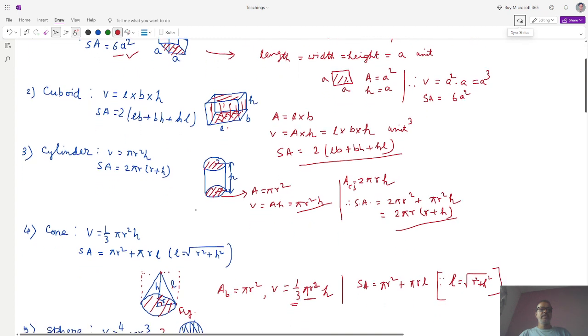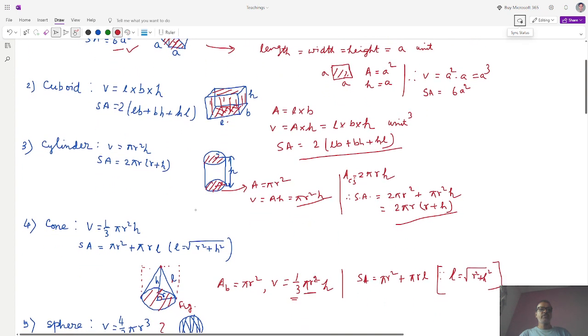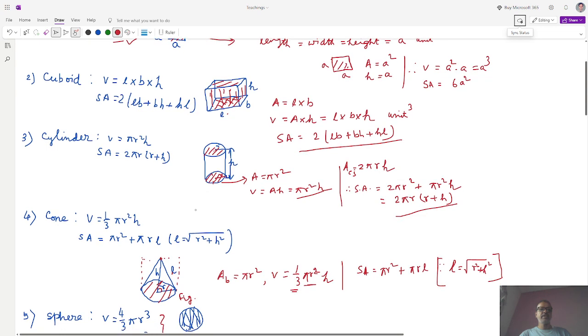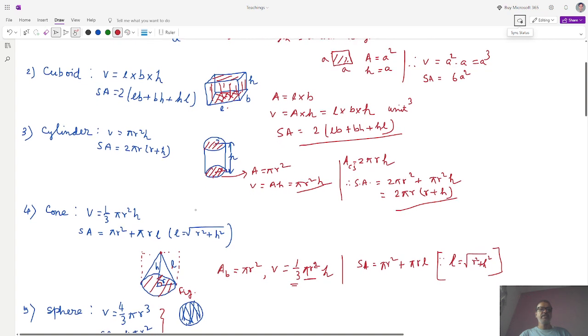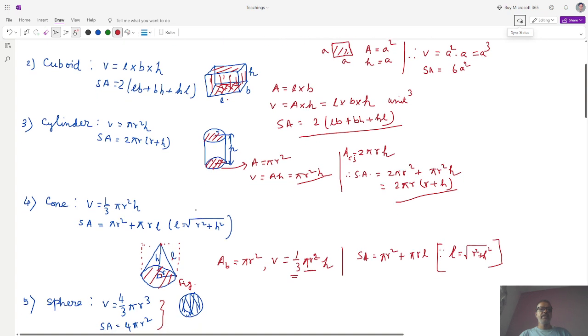For a cylinder, the volume will be πr²H, and surface area will be 2πr(r + H), when r is the radius and H is the height of the cylinder.